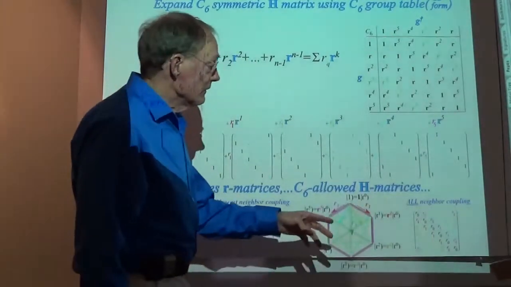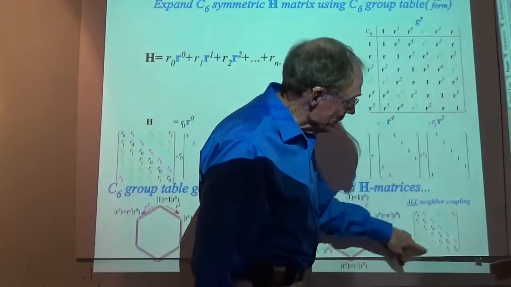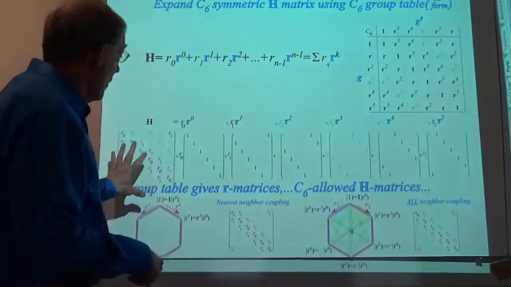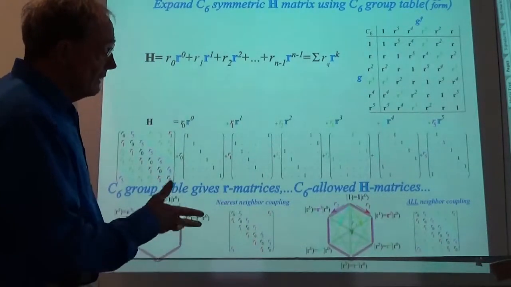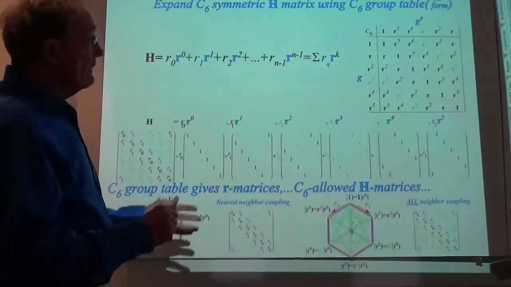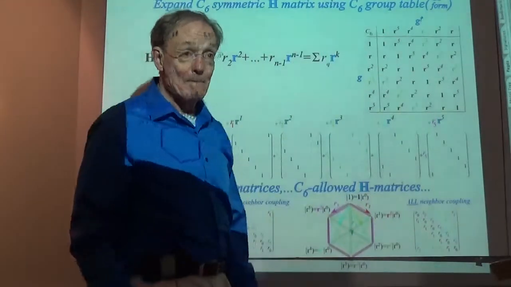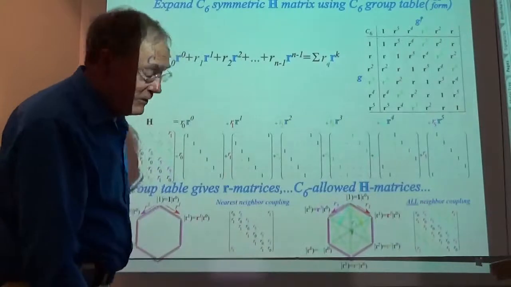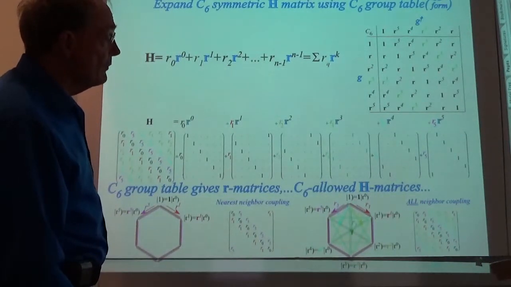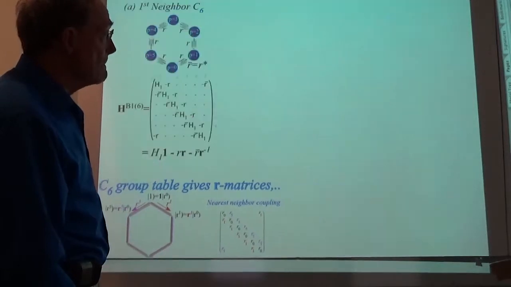So the entire Hamiltonian will be something like that. That's the most general Hamiltonian with all of the neighbors coupled to all of the others, and having C6 symmetry. Okay? So this is the same thing we did with the 3, but it's getting a little more complicated.